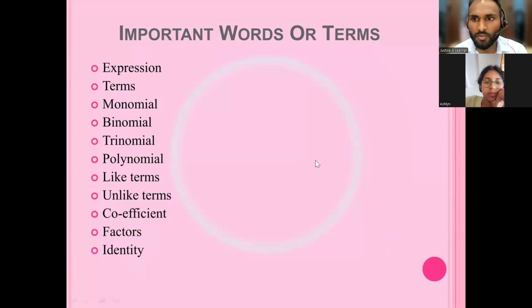You just told me about algebraic expression, right? So we are coming to some other terms. These are terms: monomial, binomial, trinomial, polynomial, like terms, unlike terms, coefficient, and at the end, factors and identity. If I ask about terms, do you understand what a term is in an algebraic expression?